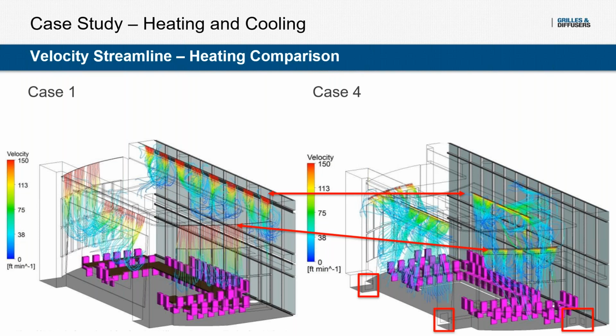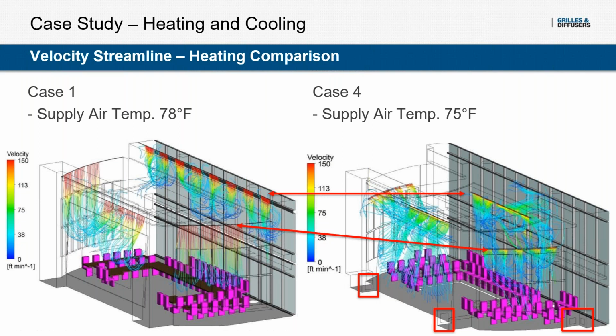The next thing we did is add some low-level returns. These low-level returns really help mix the air and bring better ventilation effectiveness. So not all of the air is being returned at the ceiling, some of it is at the floor level as well. And lastly, we changed the supply air temperature closer to the set point.